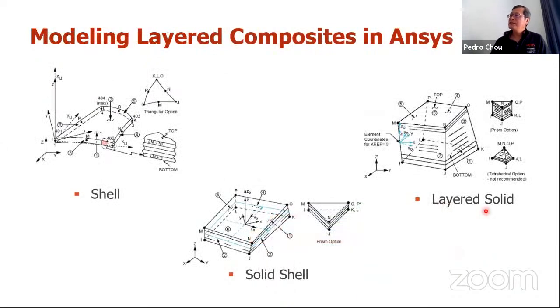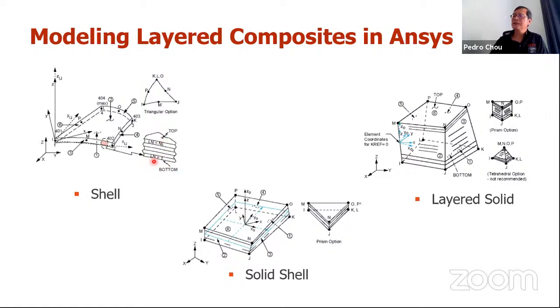So in Ansys, there are several ways you can define a layered composite. You can use just the regular shell element, which is a planar element, and then for each element, you define your layer number 1 on the bottom, all the way to layer number n at the top.